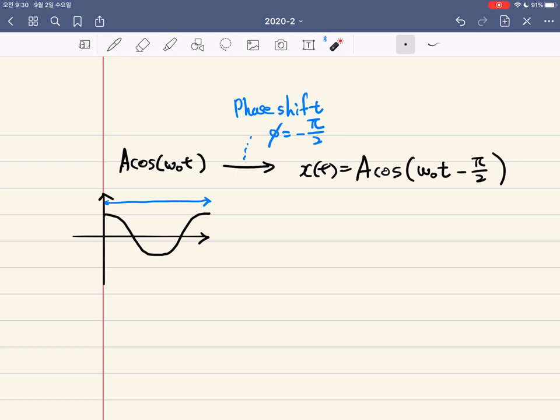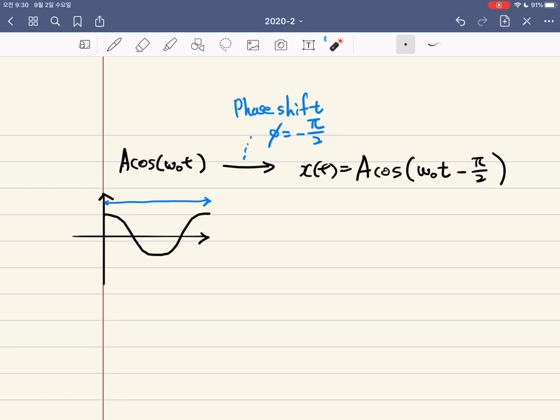so in terms of phase change or phase shift, you can say that minus pi over 2 is a quarter of 2 pi, and 2 pi is 360 degrees, which means one whole cycle.